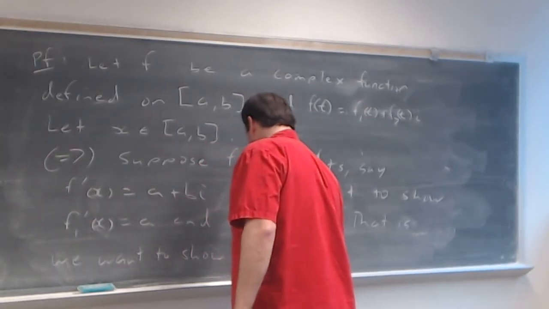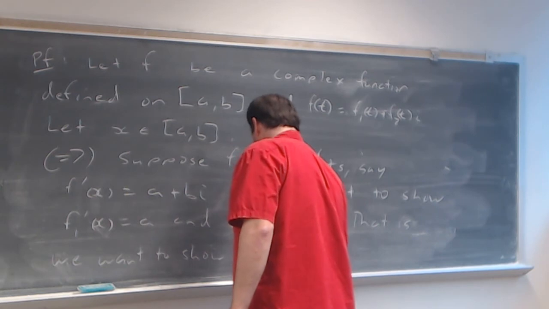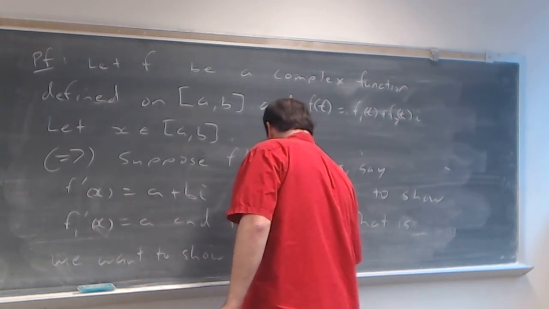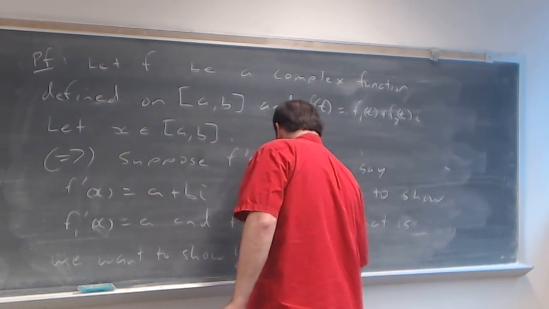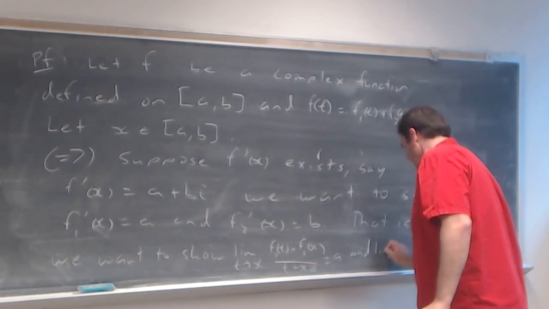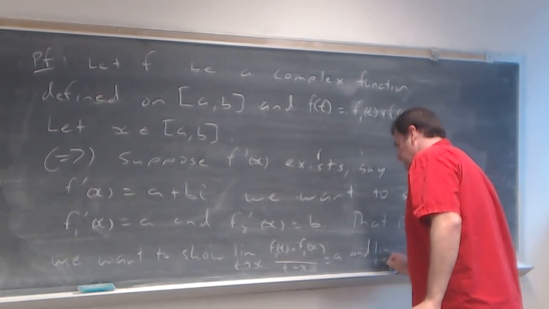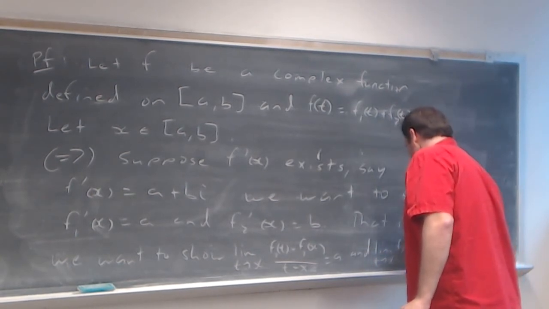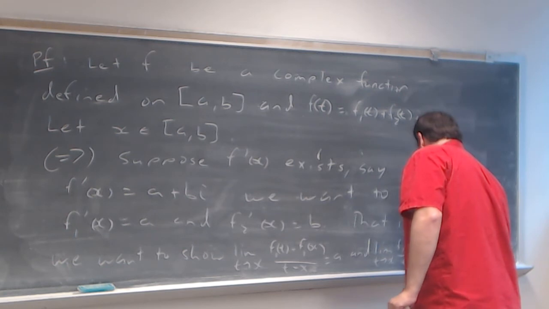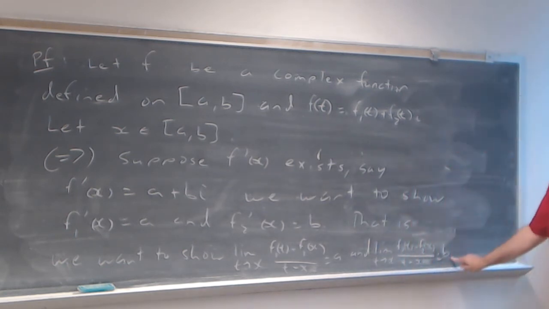We want to show that the limit as t goes to x of f sub 1 of t minus f sub 1 of x over t minus x equals a, and the limit as t goes to x of f sub 2 of t minus f sub 2 of x over t minus x equals b. That's what we want to show.